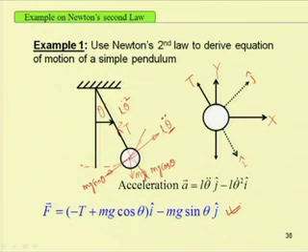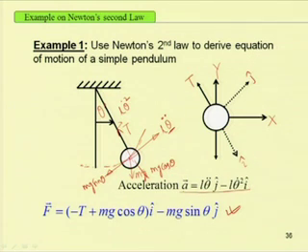According to Newton's second law, this external force equals mass into acceleration, and we have already written this acceleration in terms of i and j. So, A will be equal to, as we have taken this as the positive i, minus L theta dot square i, and this is the positive direction of j, so this becomes L theta double dot j.